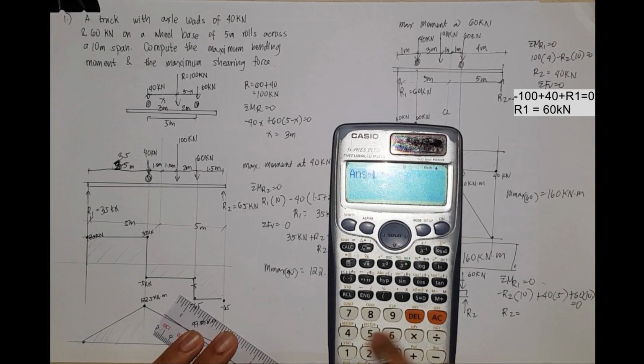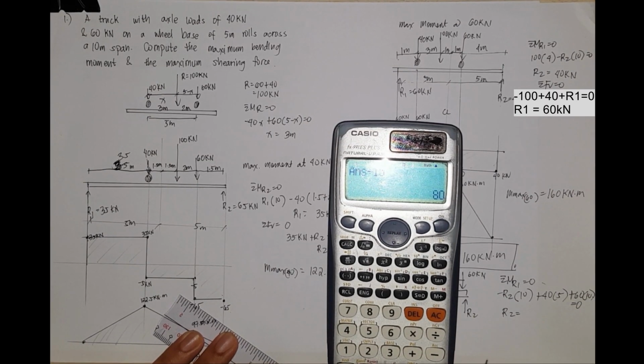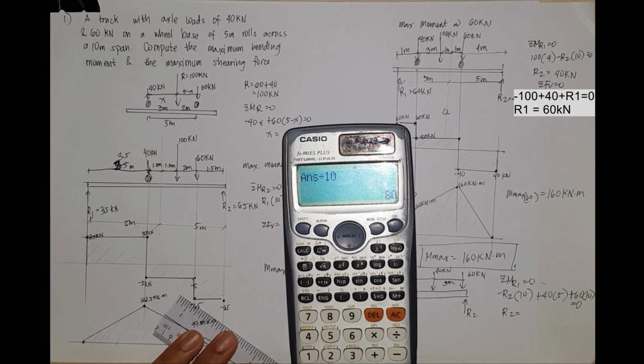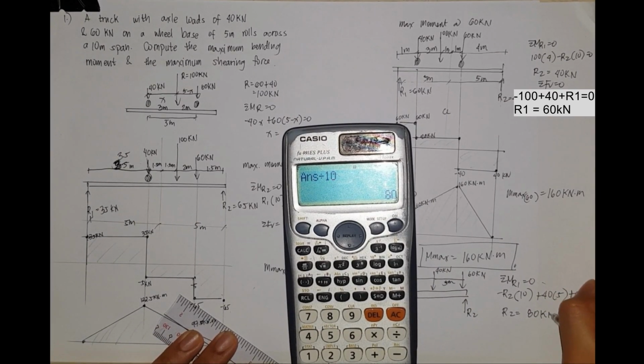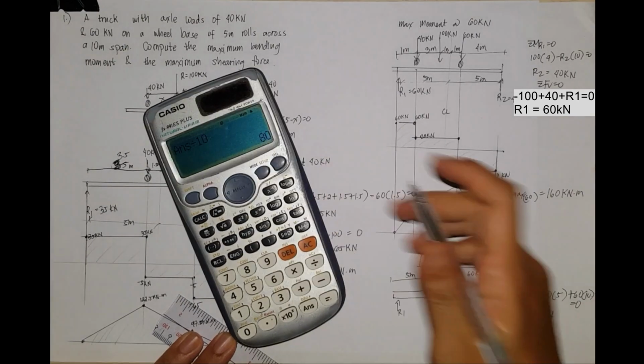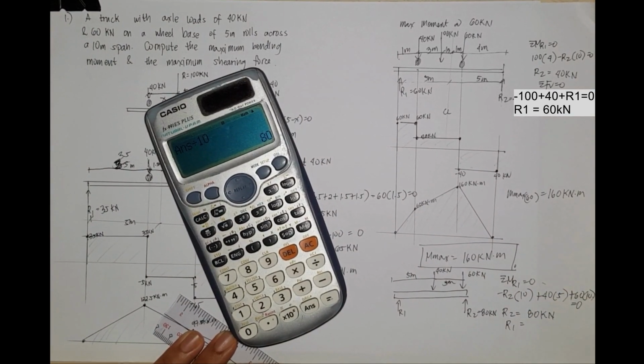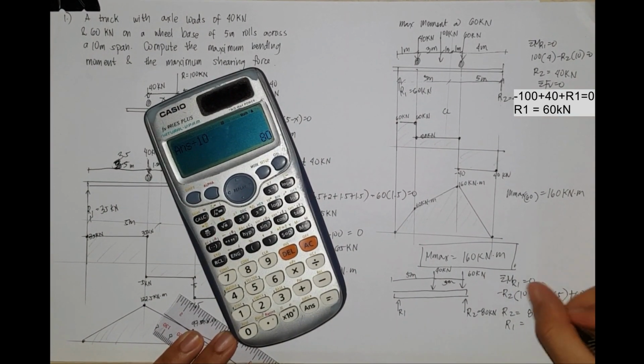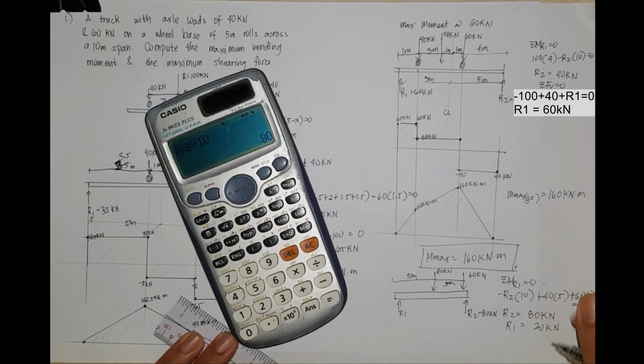Transpose natin and divided by 10. So, we have 80 kilonewton. So, this is 80 kilonewton. So, R1, by taking the summation of forces vertical, is equal to 20 kilonewton.